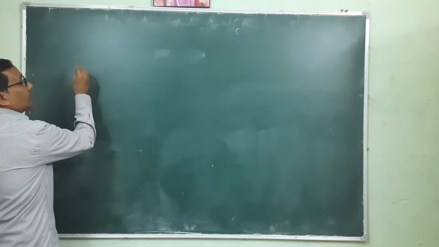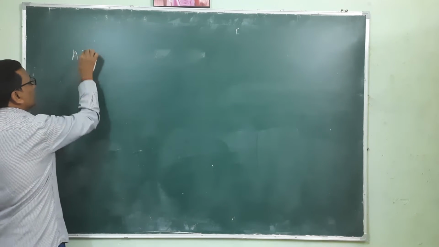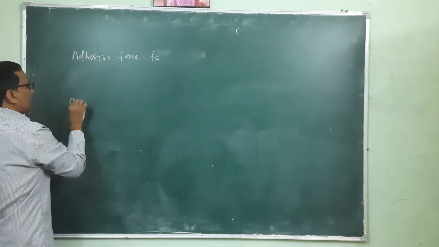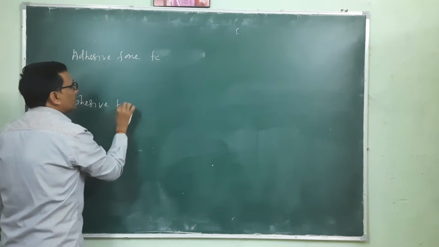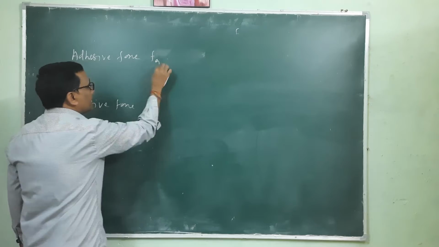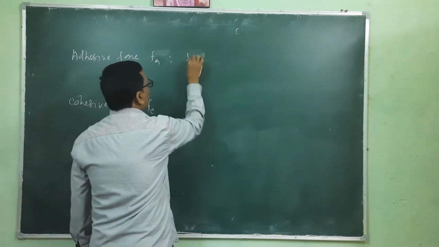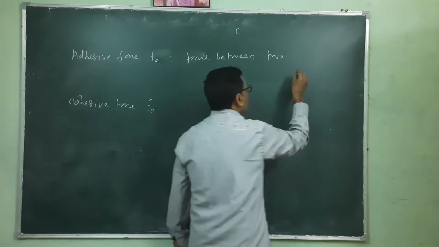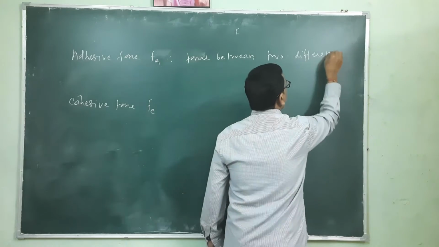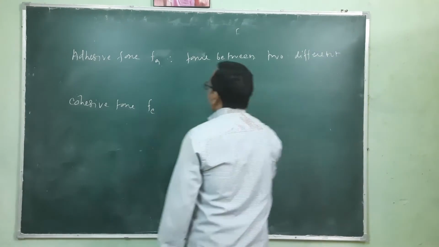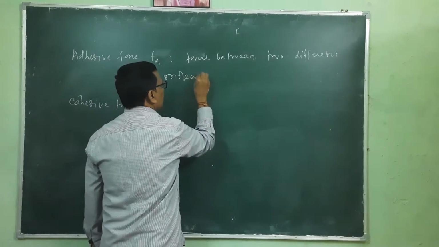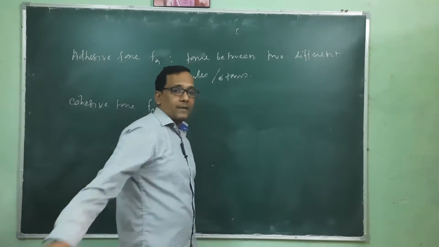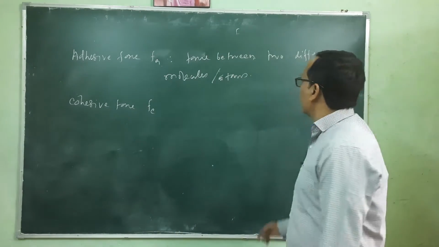One is adhesive force, which can be represented by Fa, and the second one is cohesive force, Fc. The adhesive force is the force between two different nature of molecules or atoms.